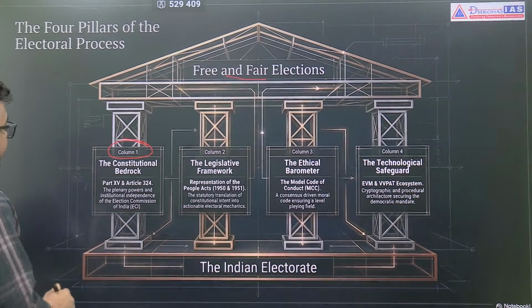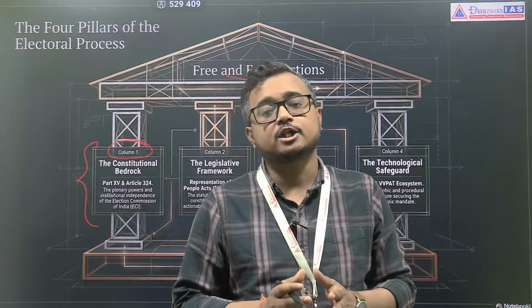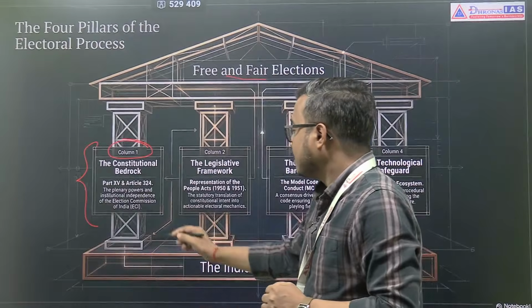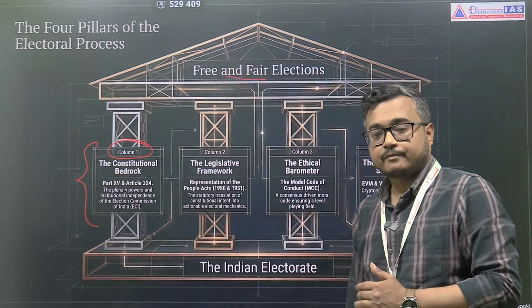The first one is obviously the constitutional column. How is the Constitution ensuring a free and fair election? That is under Part 15 and Article 324.